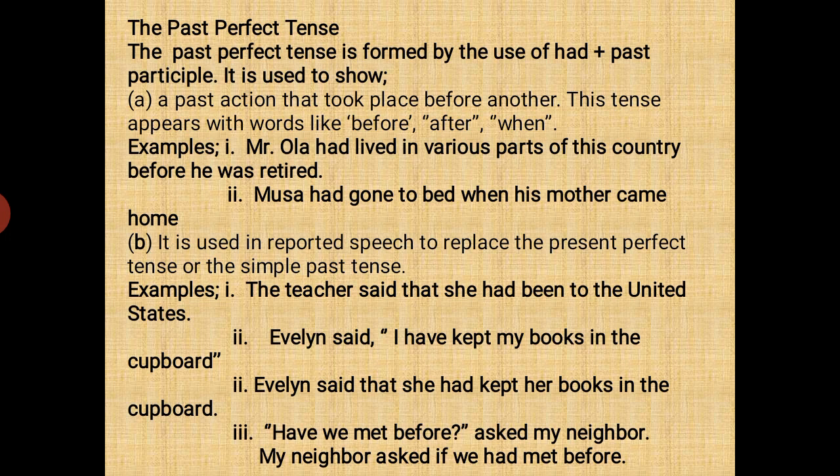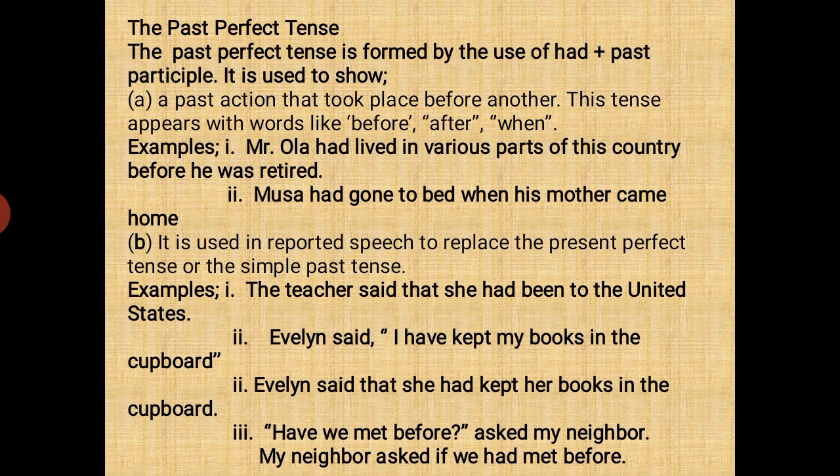Then we go to the past perfect tense. The past perfect tense is formed by the use of had plus past participle. It is used to show a past action that took place before another.